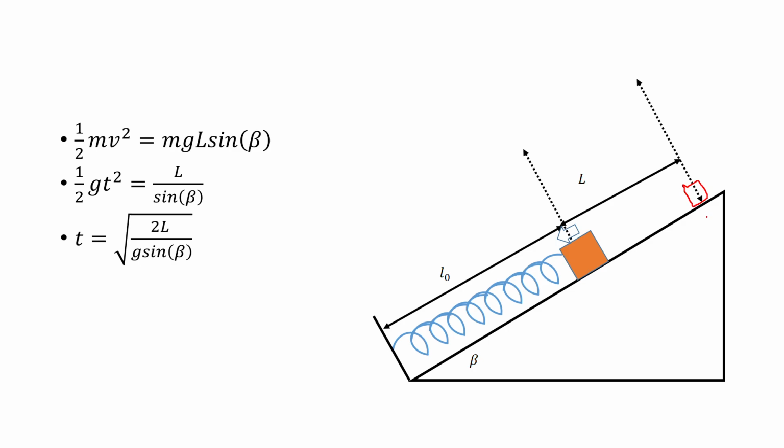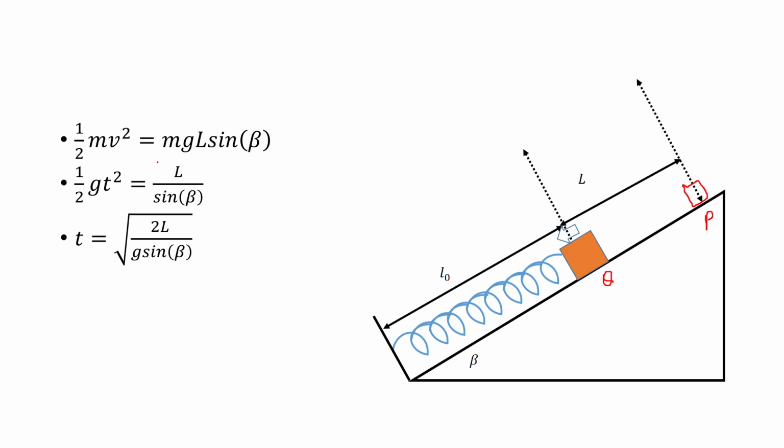Suppose this point is P and this is Q. During PQ the motion is not simple harmonic because it will just slide. When we apply conservation of energy between points P and Q, since there is no frictional force present here, we can write half mv square equals mgL sine beta, where L sine beta is the height through which this block has fallen.